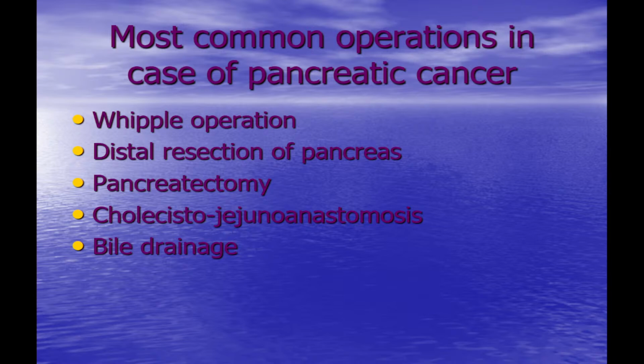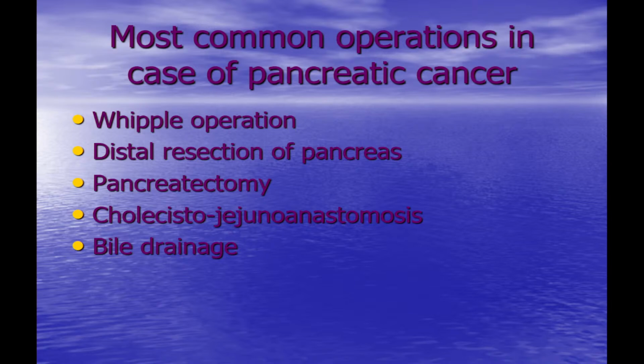The most common operation in case of pancreatic cancer is the Whipple operation. Distal resection of the pancreas is done if the tumor is localized in the tail of the pancreas. Whipple operation is for cancer in the head of the pancreas, usually with mechanical jaundice.